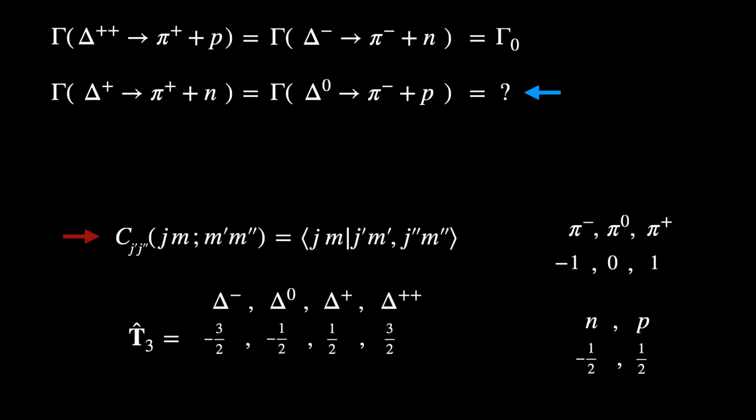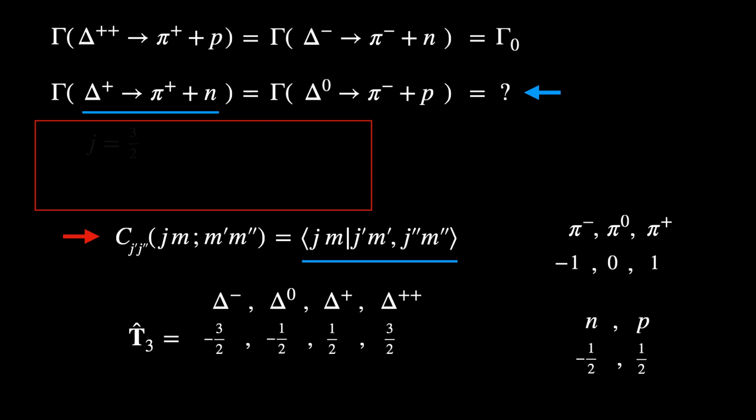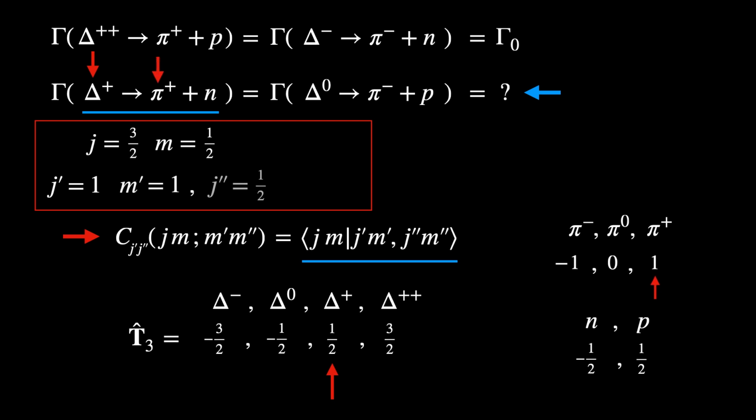Let's work out the Clebsch-Gordan coefficient. J equals 3 halves and M equals half. J prime equals 1 and M prime equals 1. J double prime equals half and M double prime equals minus half. Let's check the table for the Clebsch-Gordan coefficient that corresponds to these figures.